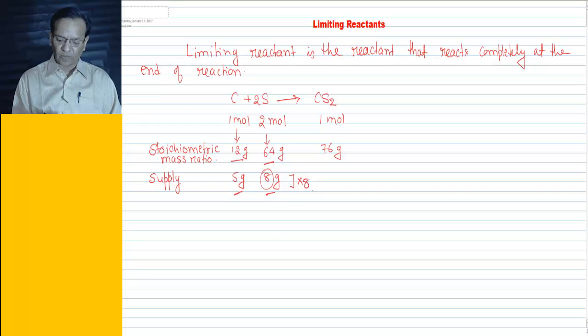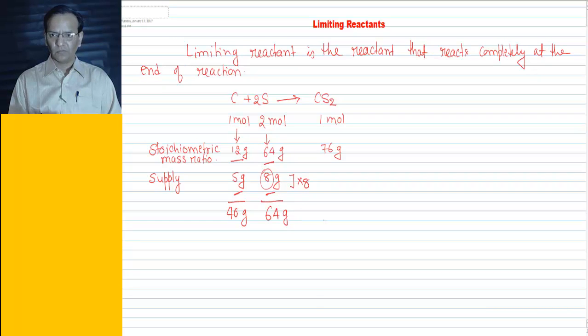So if I multiply it by 8, now carbon will be 8 into 5, 40 gram and sulfur will be 8 into 8, 64 gram. So now we have been supplied mass in 40 to 64 mass ratio. 64 is the stoichiometric mass of sulfur and the stoichiometric mass of carbon according to that is 12.